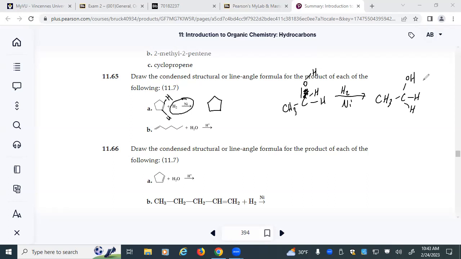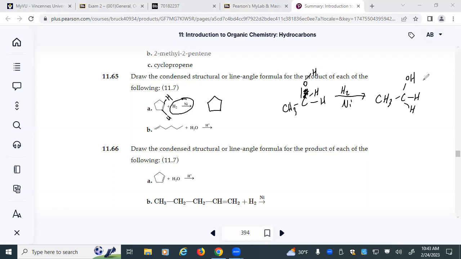Each carbon is bonded to 2 other carbons, which means that each carbon must also be bonded to 2 hydrogens to give it 4 total. So the only time in line notation we show things branching off is when they're not carbon and hydrogen.